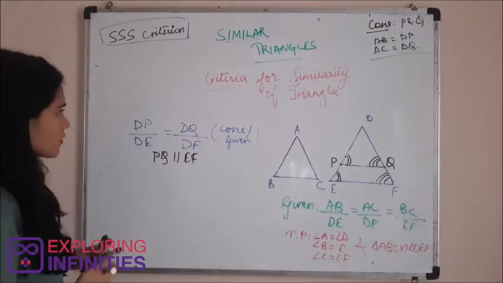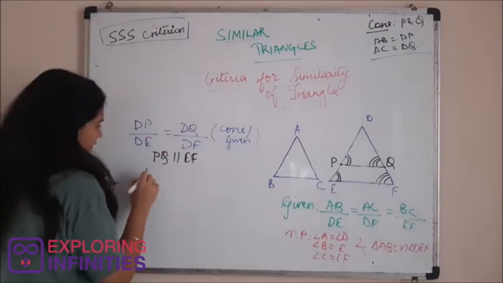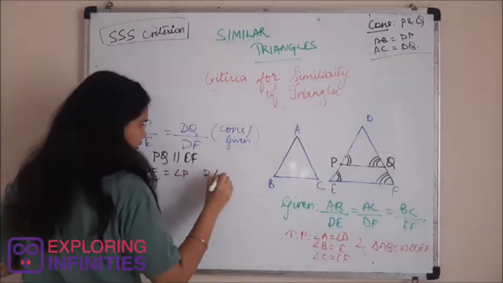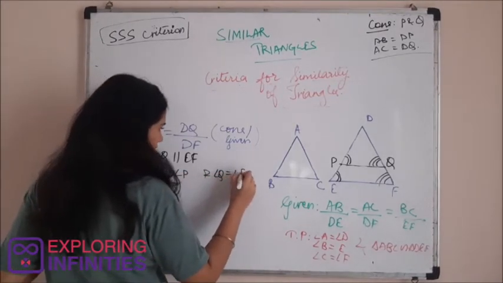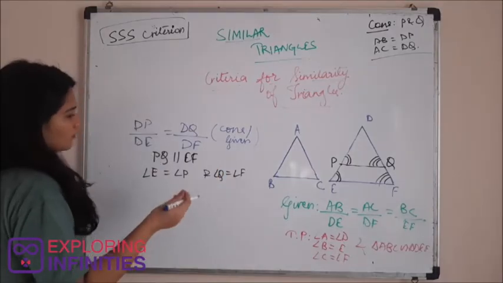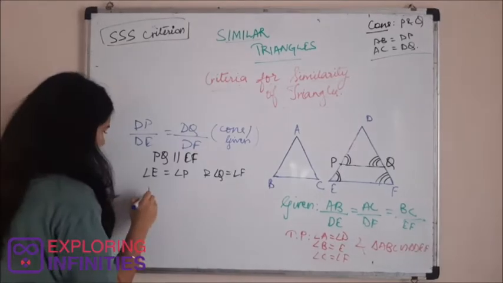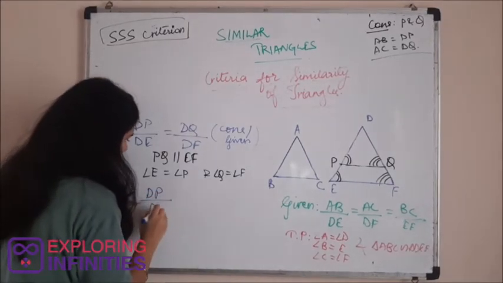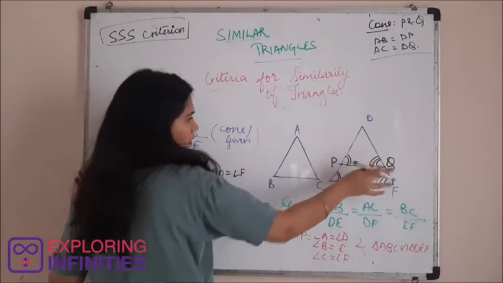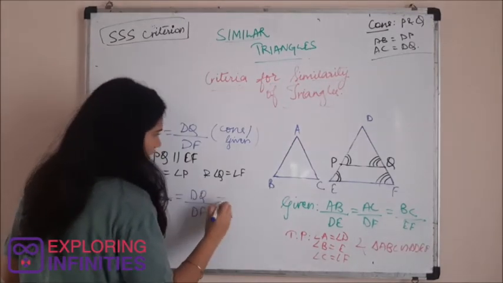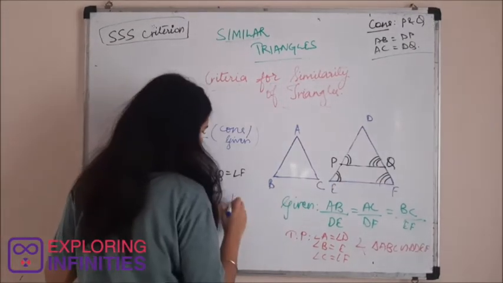So I'll write it here: angle E is equal to angle P and angle Q equal to angle F. So we can say that DP divided by DE is equal to DQ upon DF is equal to PQ upon EF.